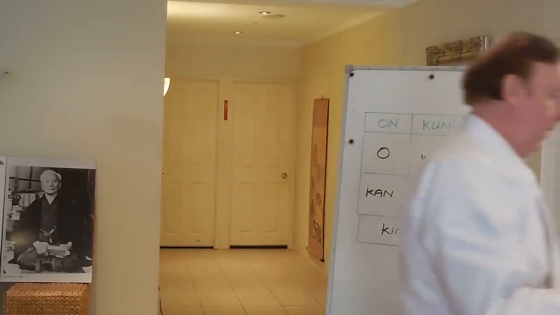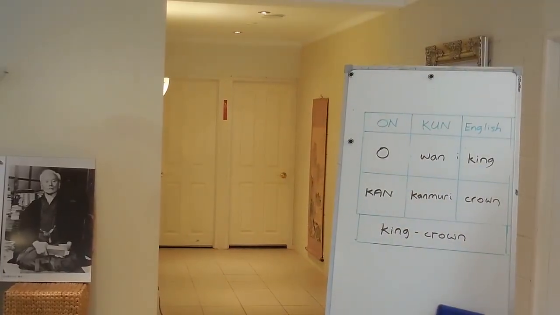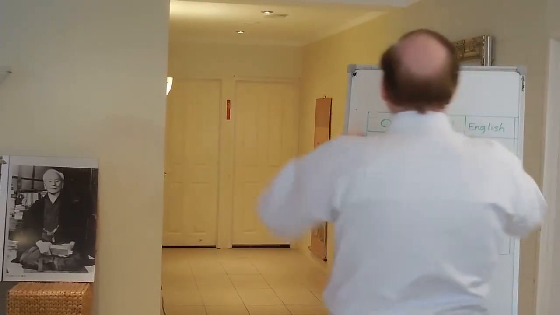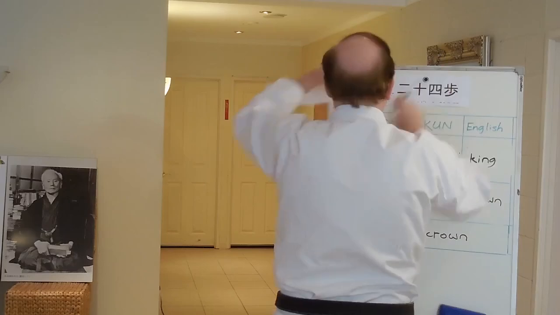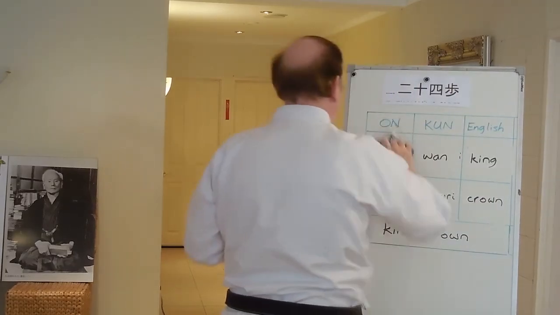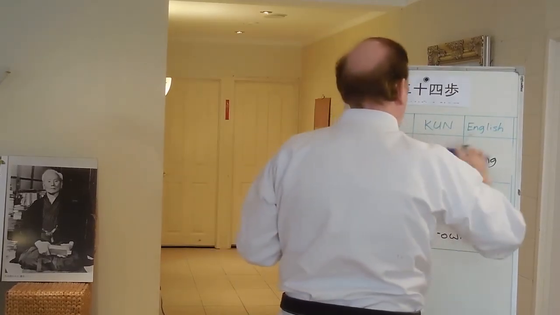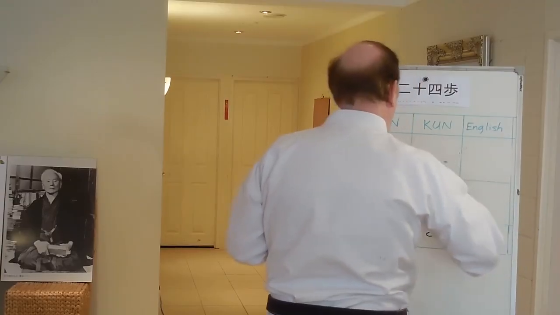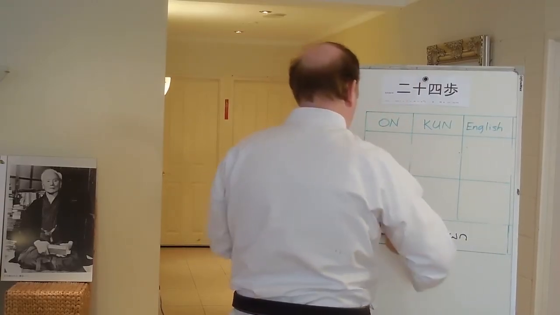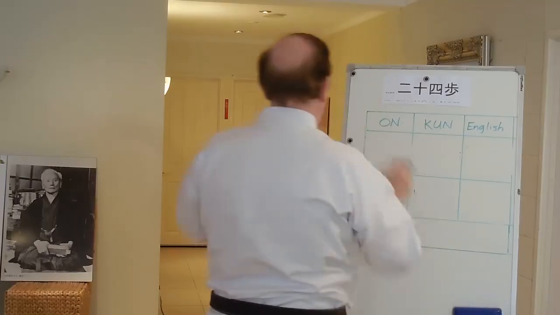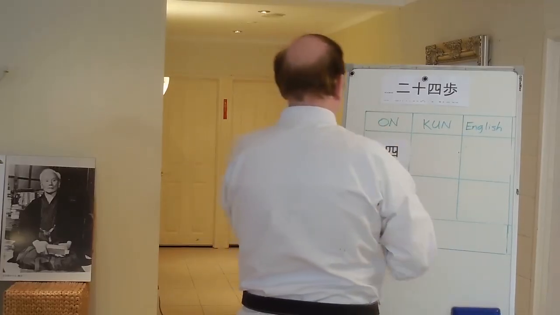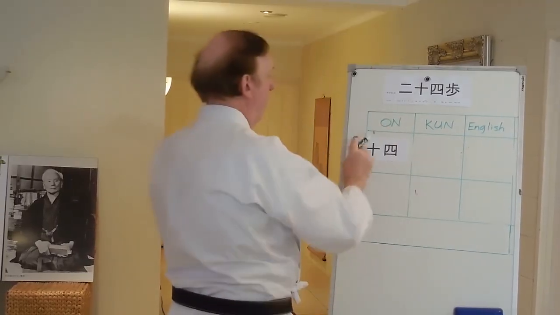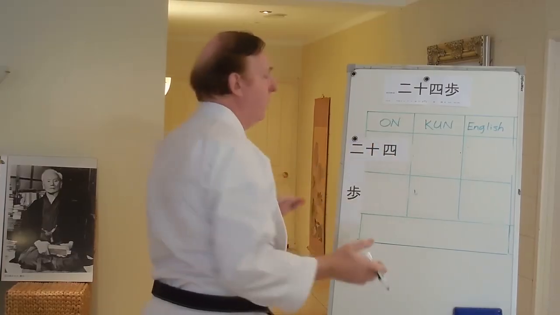Now the last ones are really just numbers. So take that one out first. So this translates like this. This is ni, ju, shi. So these are just numbers.